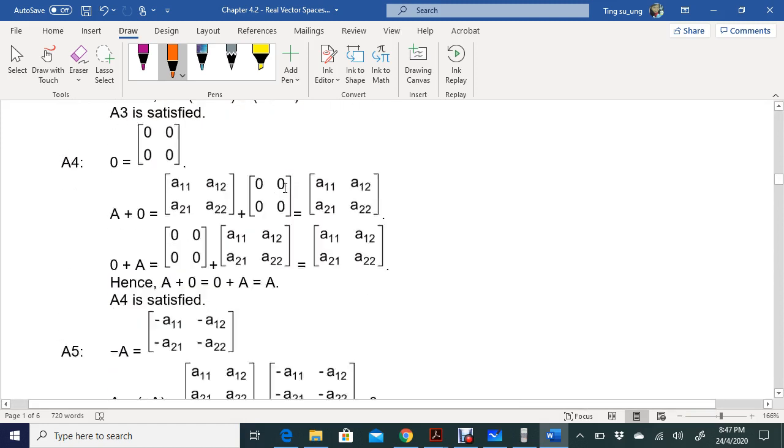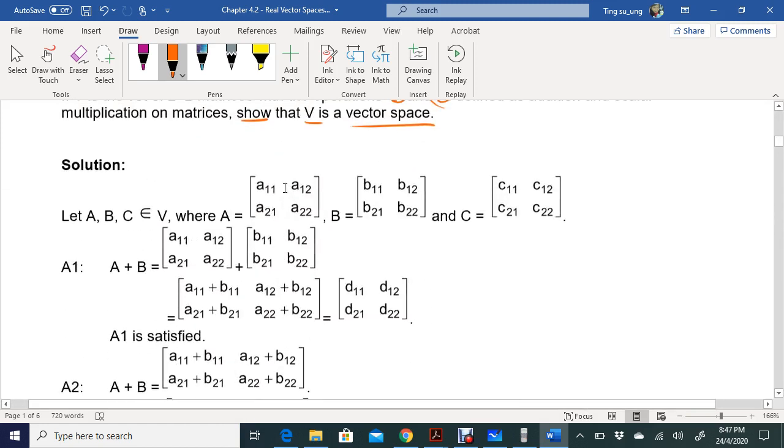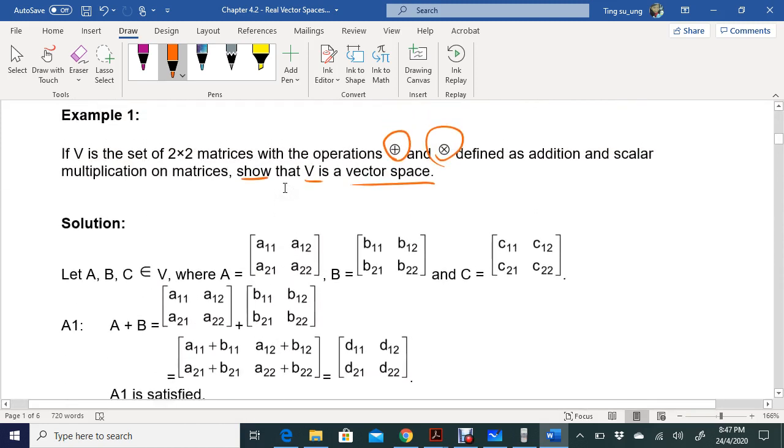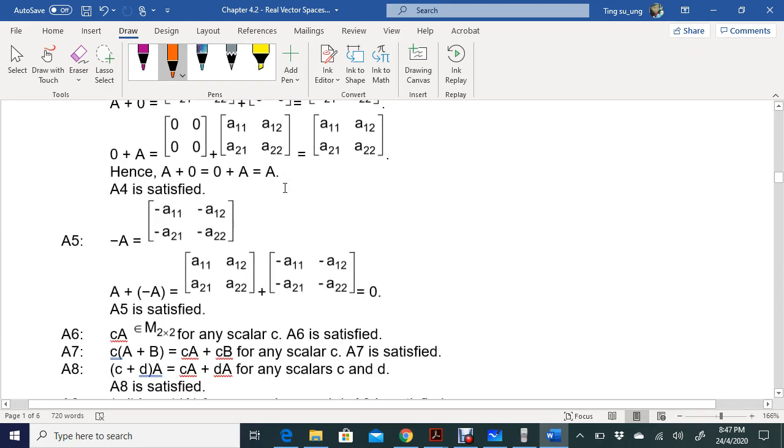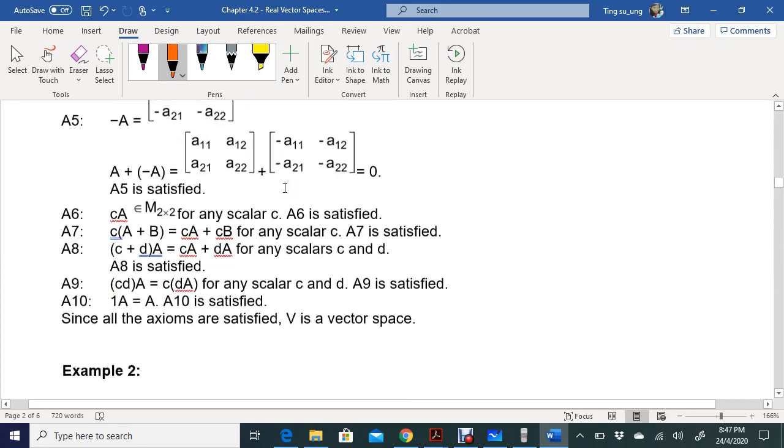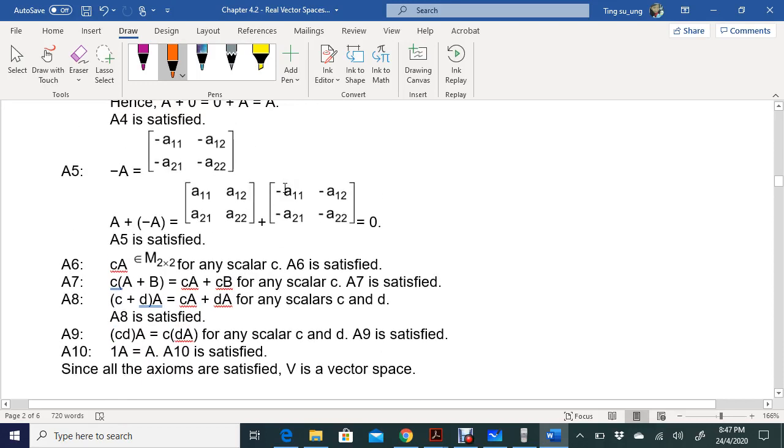If it comes out, I think one question will involve more than 10 marks. Example 1 here is just to show you how the things are actually done. You must prove every axiom is satisfied, then that is the vector space involved. If one of the axioms is not satisfied, the set will not be the particular vector space involved. Okay, clear?